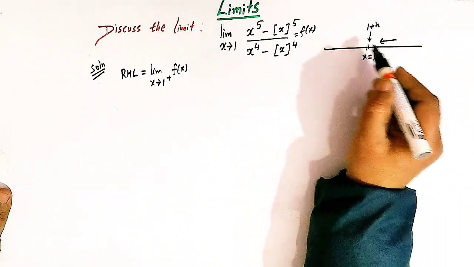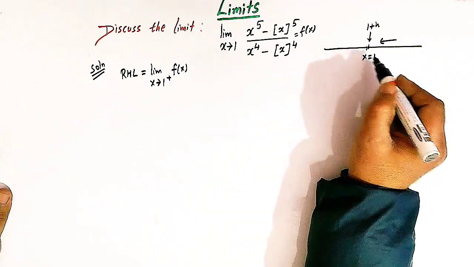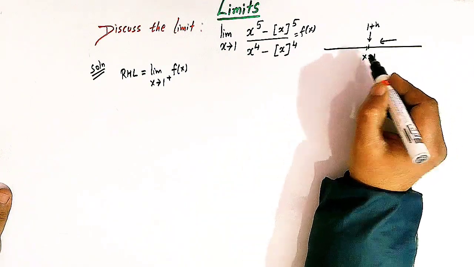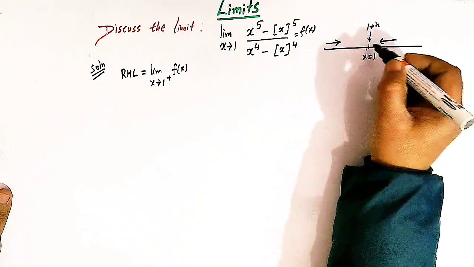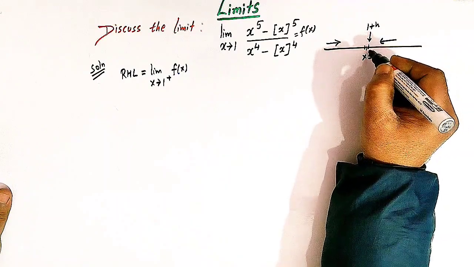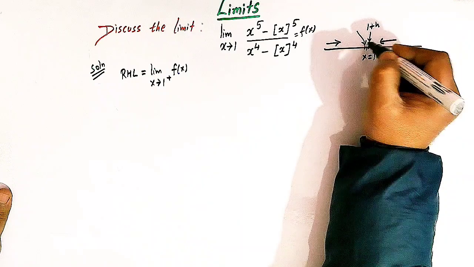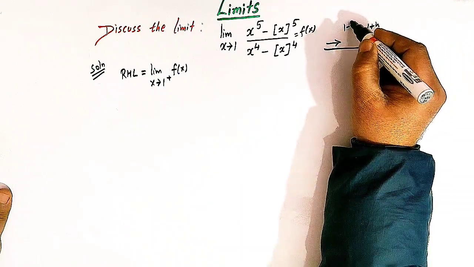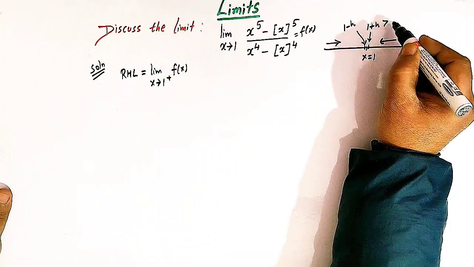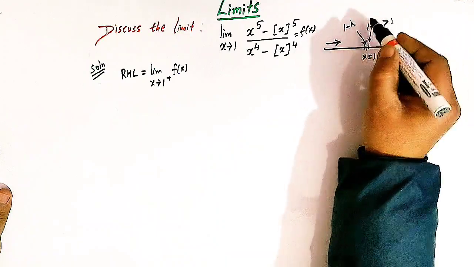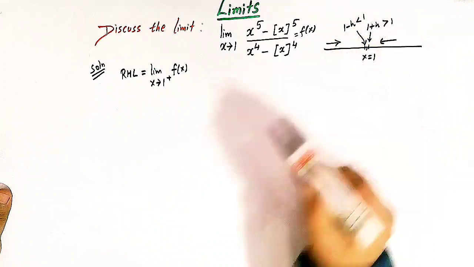And similarly, when we find out the left hand limit, we approach towards x is equal to 1 from the left of x is equal to 1, right? And we take a point in the left neighborhood of x is equal to 1, and this point may be taken as 1 minus h, right? So 1 plus h is obviously greater than 1, and 1 minus h is less than 1, right?